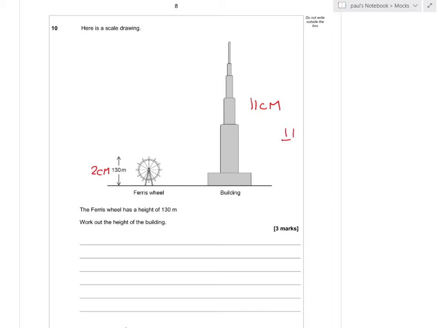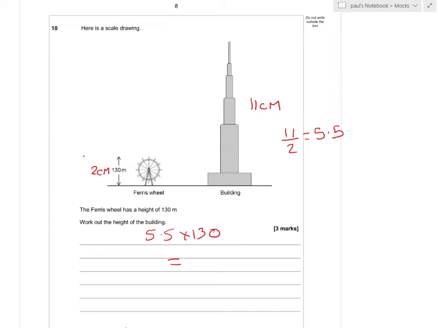So 11 divided by 2 is 5.5. So I need 5.5 times 130. Well, that's 715.